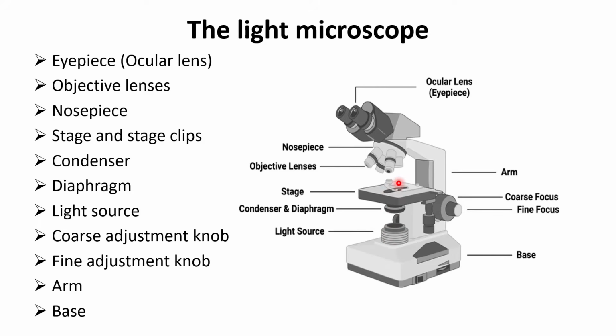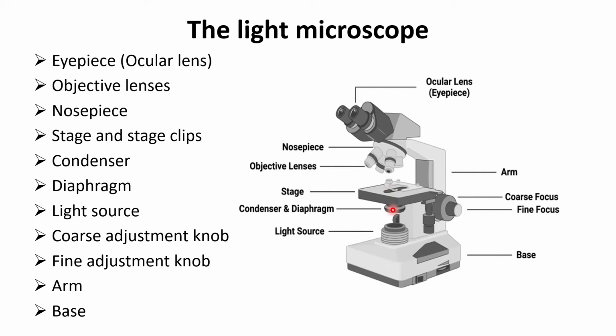Talk about the condenser and the diaphragm. The condenser focuses the light on the specimen. By the way, it condenses the light onto the specimen. The diaphragm controls the amount of light that reaches the specimen. So the diaphragm regulates the amount of light, and the condenser focuses light onto the specimen.